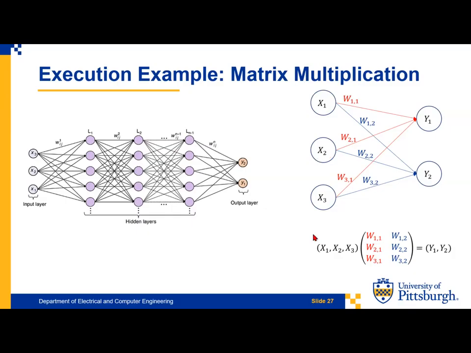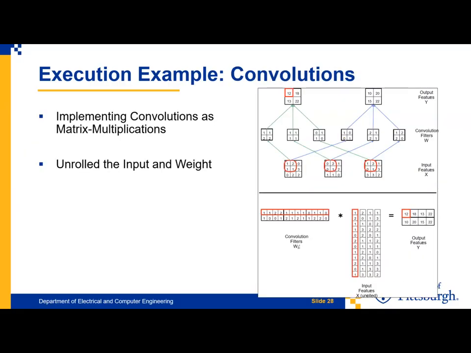You have input X and a weight matrix, and you want to do the vector-matrix multiplication or matrix multiplication to get the results. In the following slides, we will show how to do that with the systolic architecture.